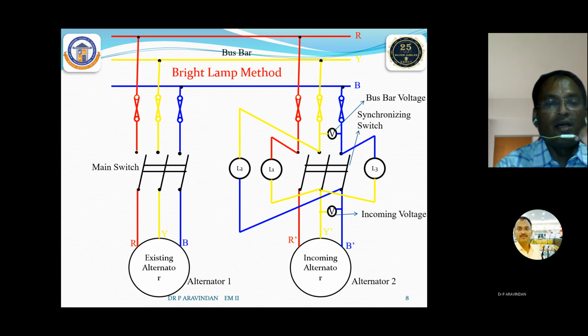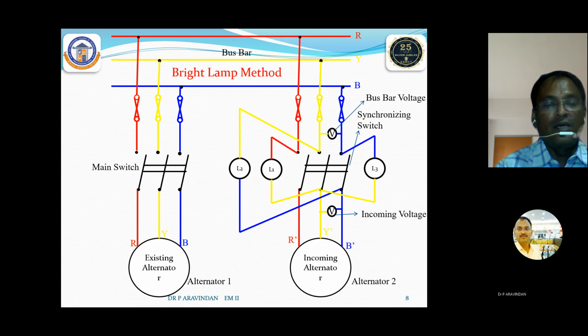For example, lamp 1 is connected between the red phase and the yellow phase, lamp 2 between the yellow phase and the blue phase, and lamp 3 between the blue phase and the yellow phase. Likewise, the lamps are connected so that the incoming generator phases and the existing bus phases are different phasers.